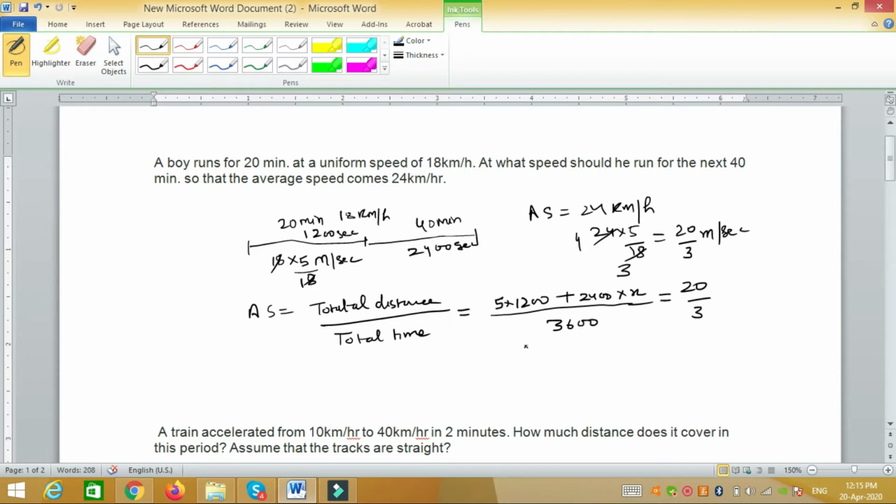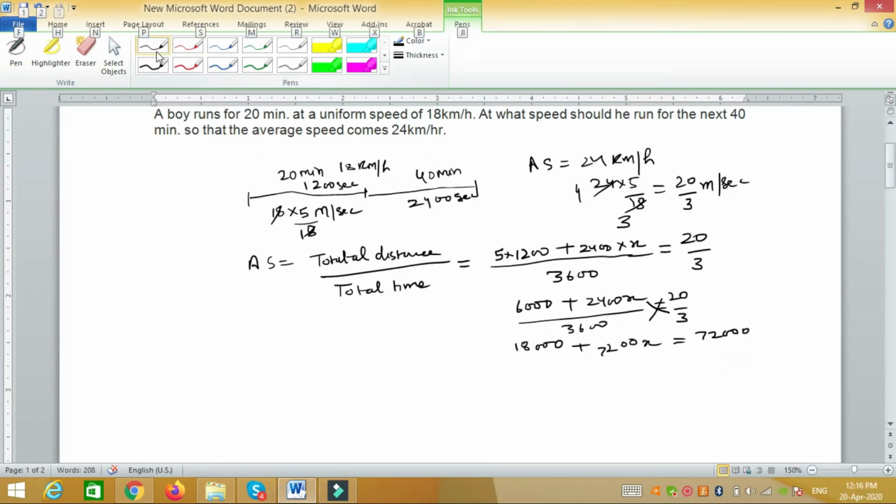So I'll do it. 5 12s are 6000, then 2400x, and here it is 3600, and here it is 20 by 3. Just cross multiply it. So this is 1800, then 7200 is equal to 72, then 30. Now we have to calculate this.